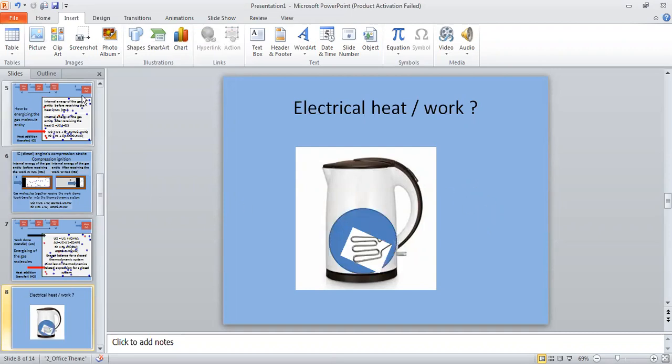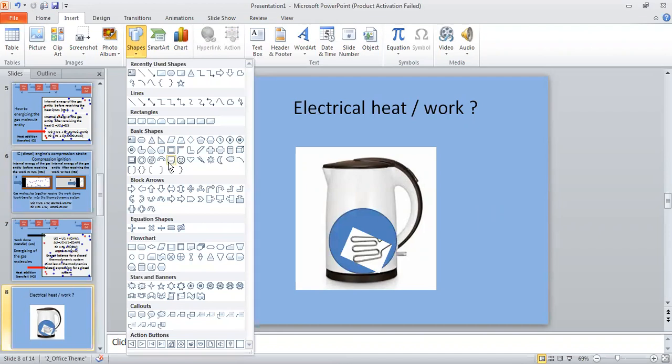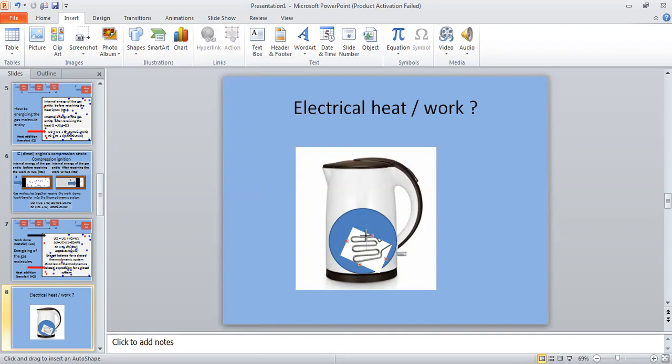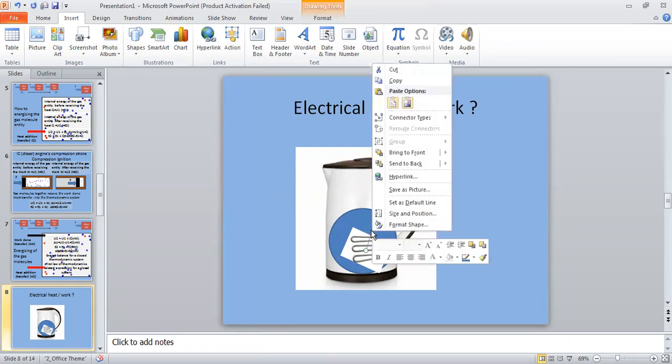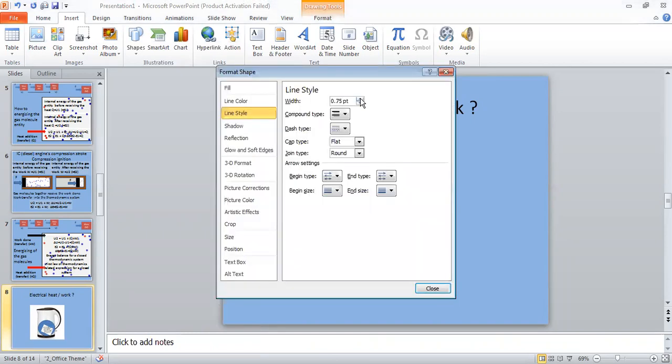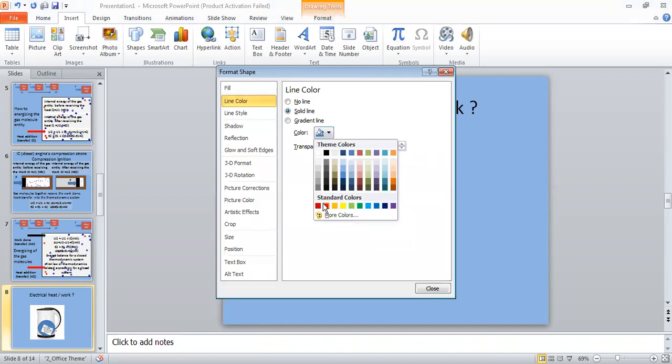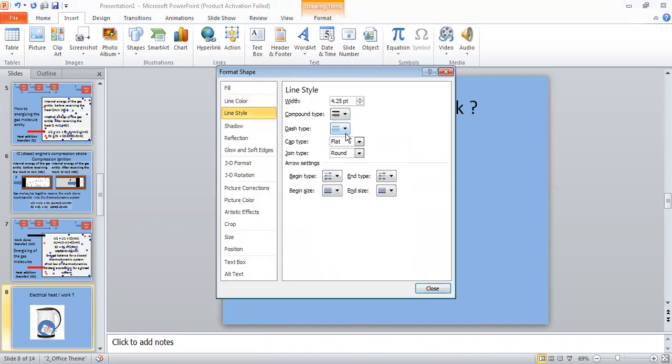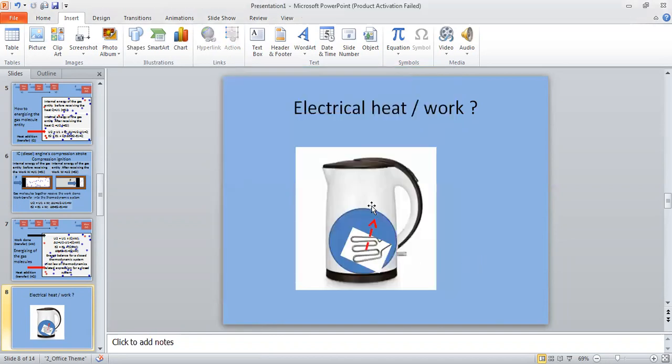So now you can see the thermal energy is added from heater to water. That's how you are noticing thermal energy is being added.